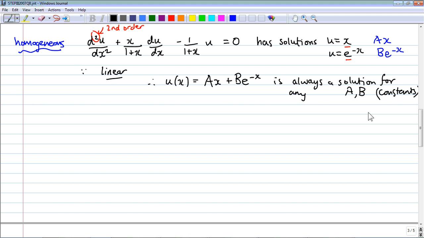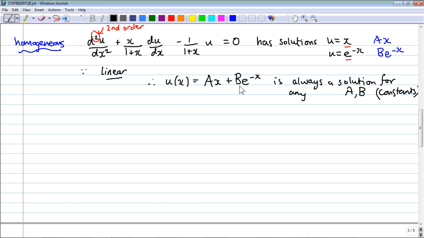Now here's the trick though. What you should know is that a second order differential equation is effectively solved by two steps of integration. Because it's solved by two steps of integration, it has two free variables or two constants.